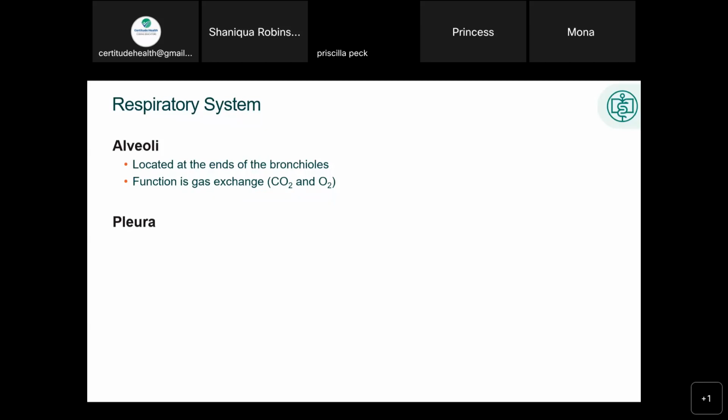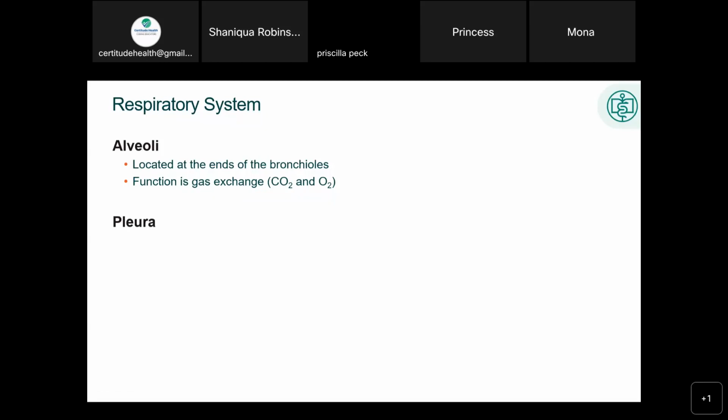But let's also talk about the pleura. You may be familiar with the diagnosis of pleurisy. Pleurisy, or pleuritis, is inflammation of the pleural cavity inside your chest.